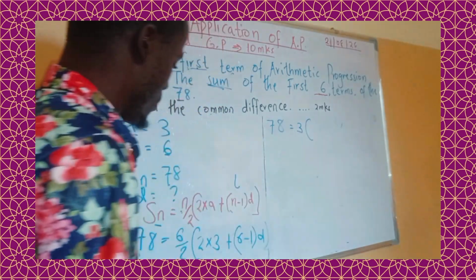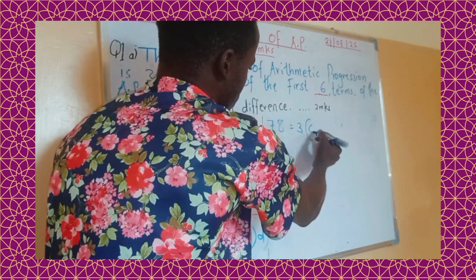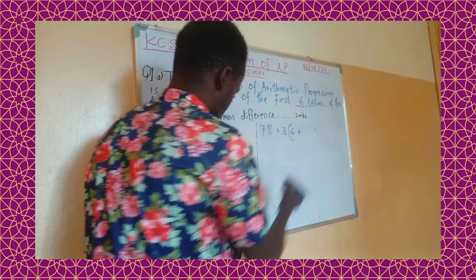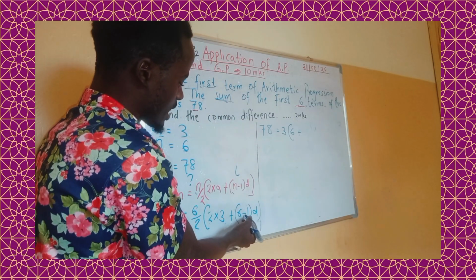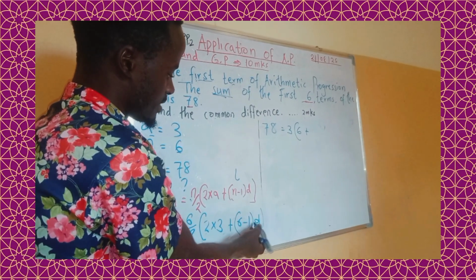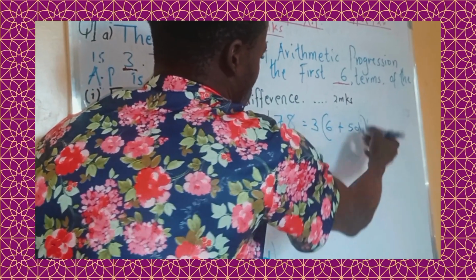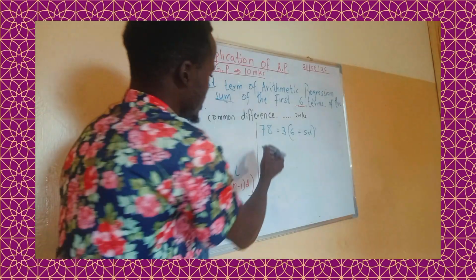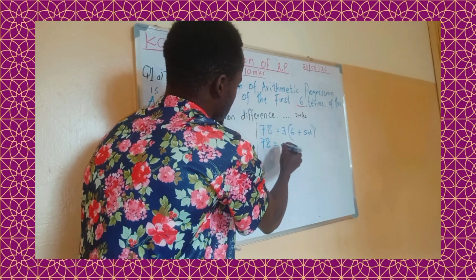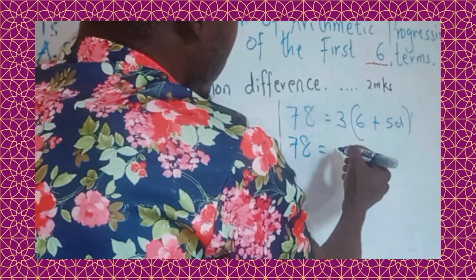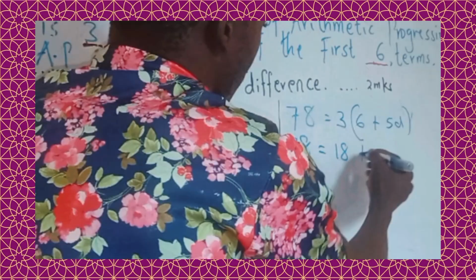Then open your bracket. 2 times 3 is 6, plus 6 minus 1 is 5 times D. It is 5D. Close the bracket. So 78 is equal to 3. Open this bracket: 18 plus 15D.